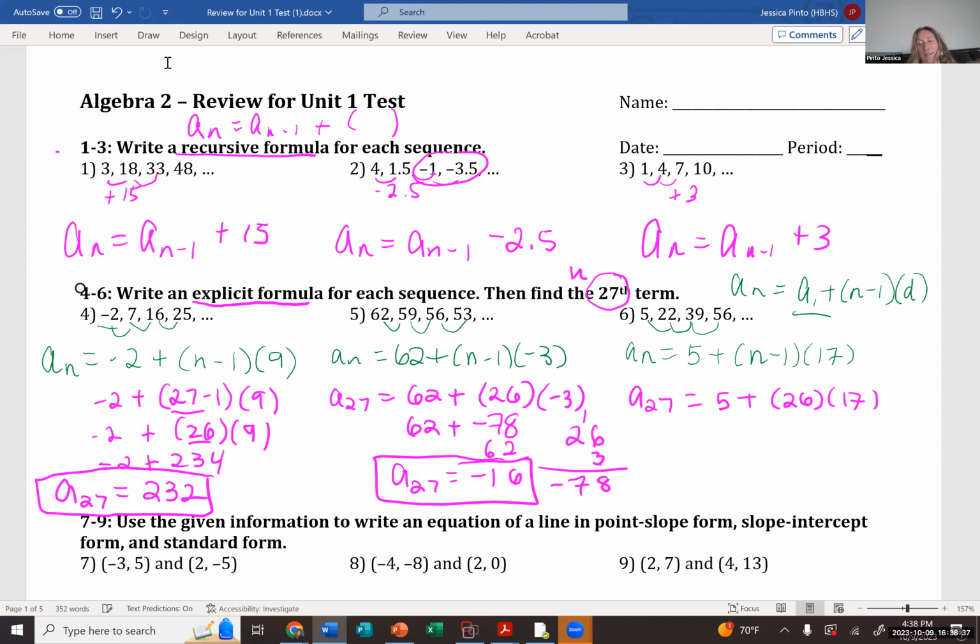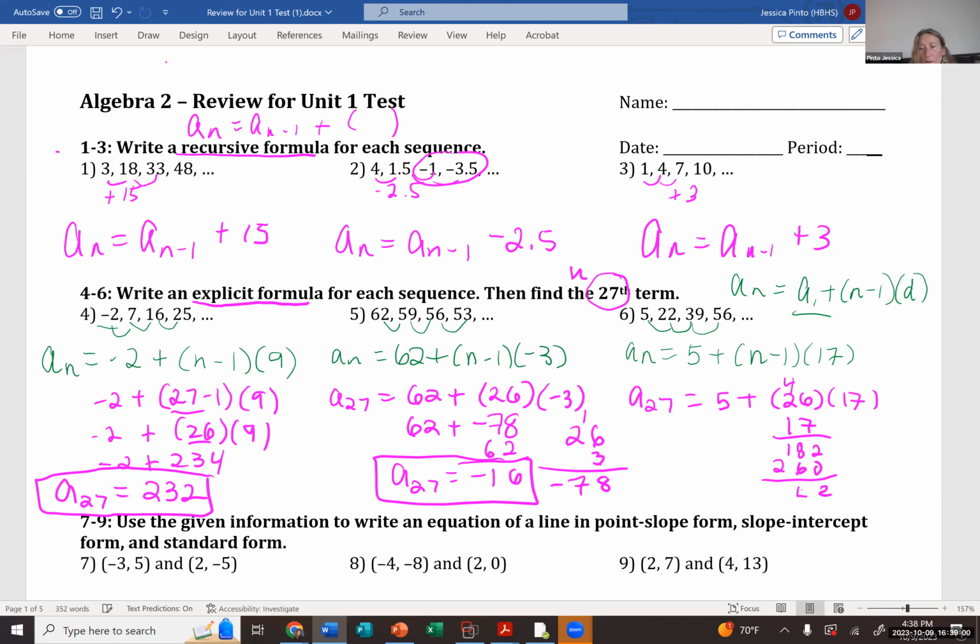Oh man, that's gonna be hard. Okay, so 26 times 17, doing the work, 6 times 7 is 42. 7 times 2 is 14, so that'll be 182. Then we're gonna add.